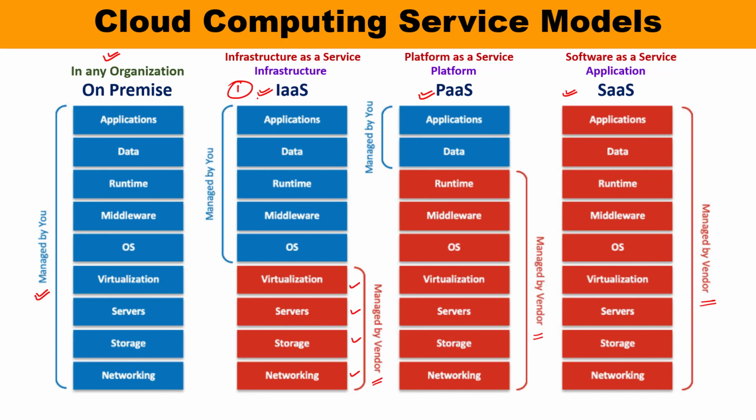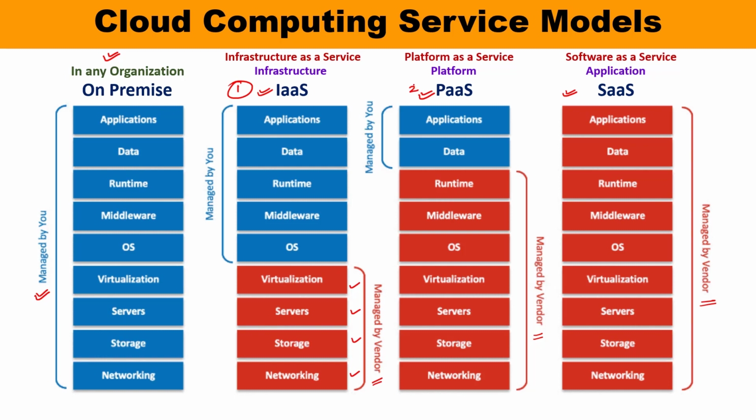So if you would like to make your own pizza with your own choice of ingredients, but you would like to use the facility of Domino's itself, means you have to go over there, you are using the Domino's oven, etc. But means you are getting the infrastructure from Domino's. What you are doing is cooking yourself. That is what IaaS means. You are getting infrastructure, you are preparing things of your own choice.